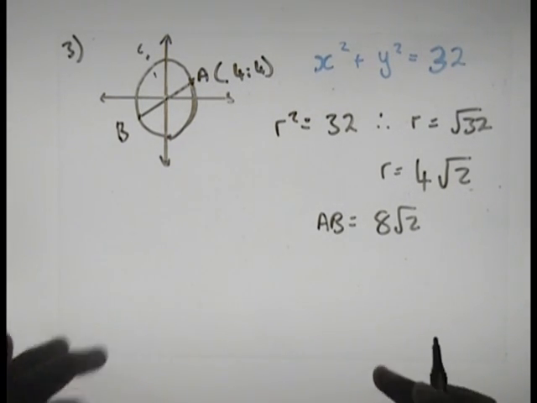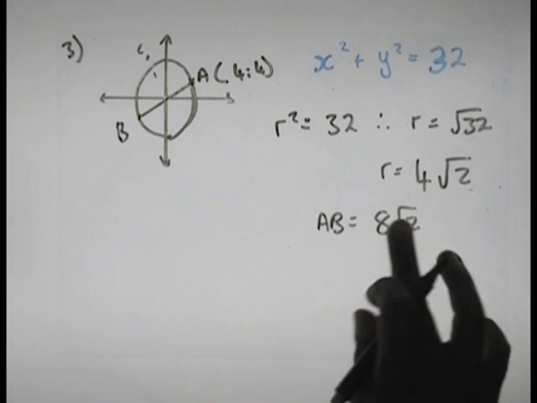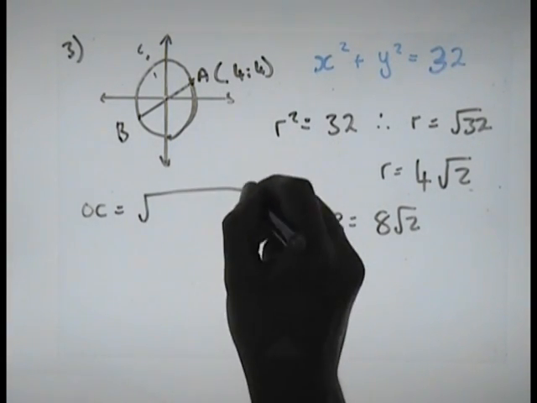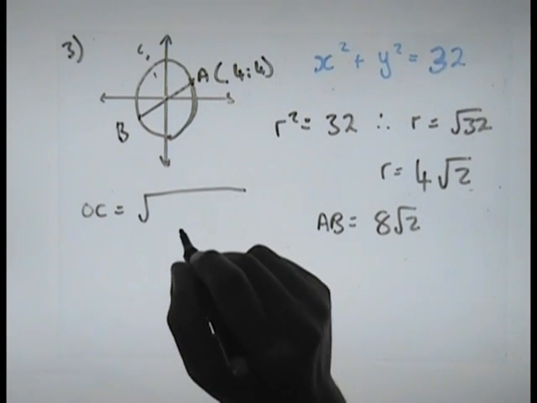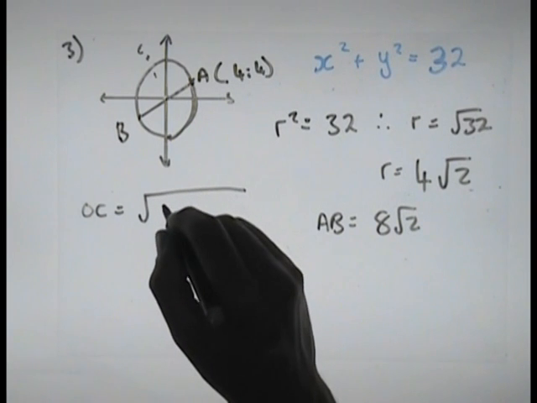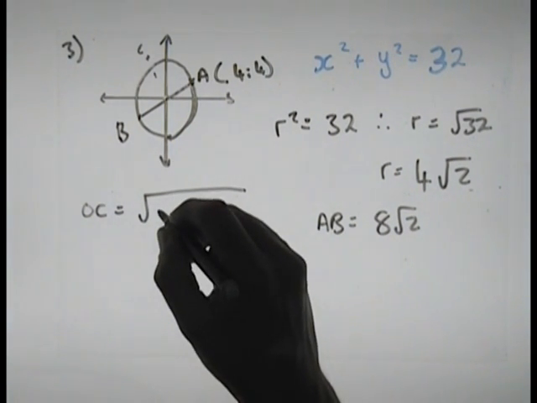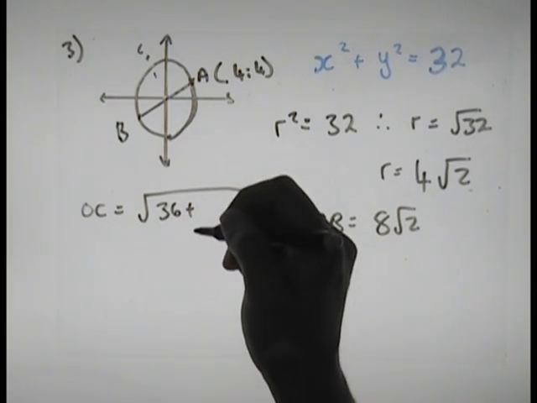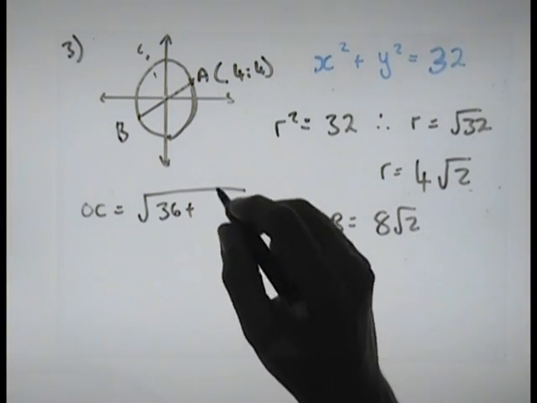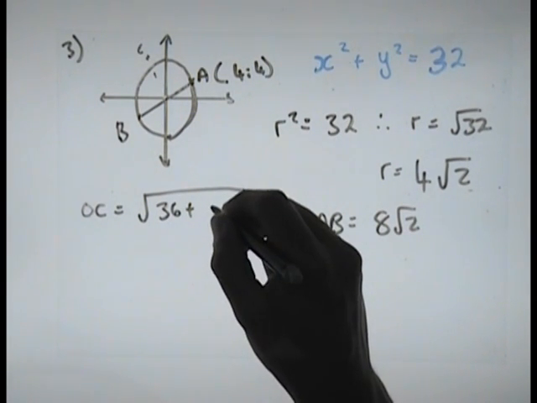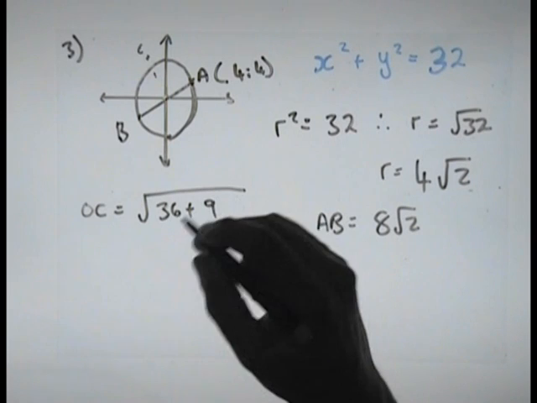To get the distance from the center of our circle to point C, we're going to use the distance formula. OC, from the center of the circle to point C, is given by y2 minus y1 squared, which is just 6 minus 0 squared, which is 6 squared, which is 36, plus x2, which is -3, minus x1, which is 0, squared, so that's -3 squared, which is 9.